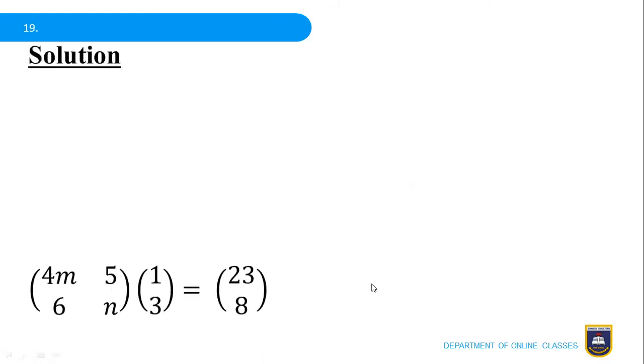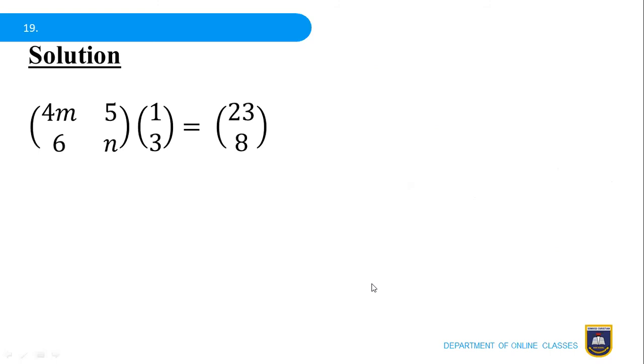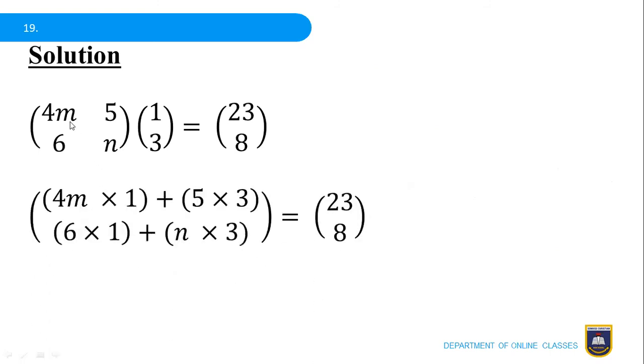Our solution is this. So we have the given matrix. If you do the multiplication, we have 4m times 1 giving us this, plus 5 times 3 will also give us this. Again, we have 6 times 1 giving us this.